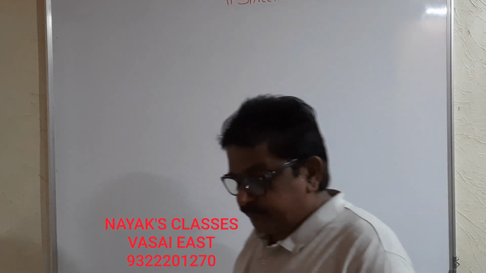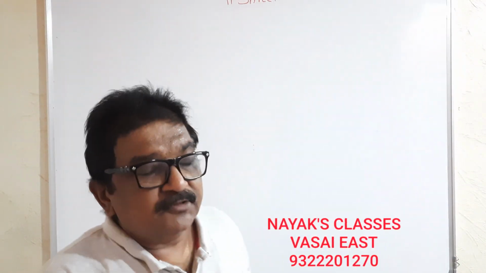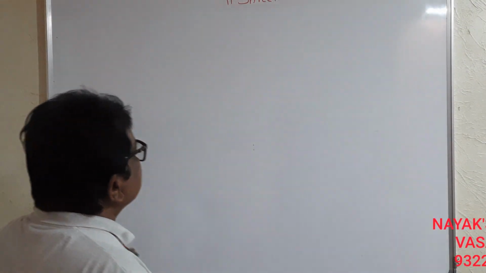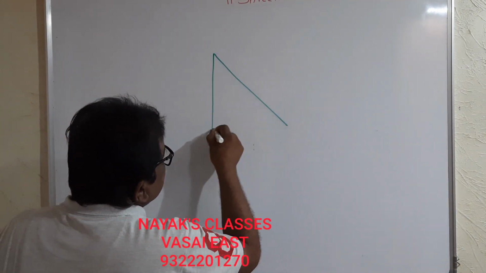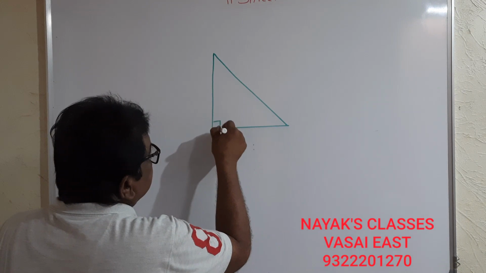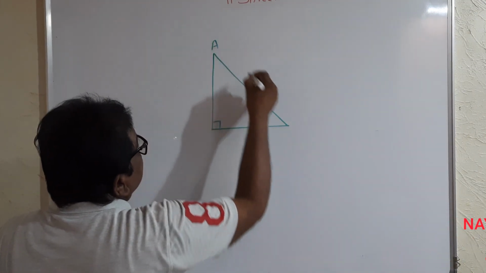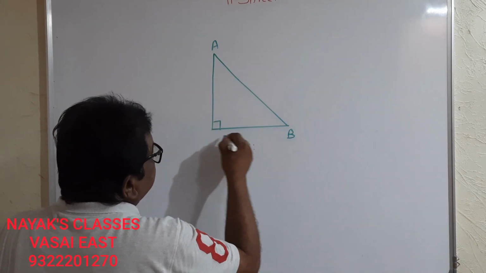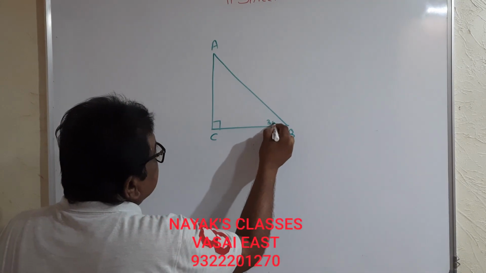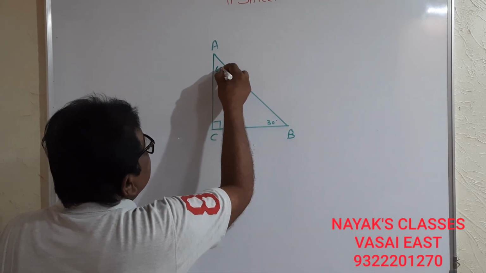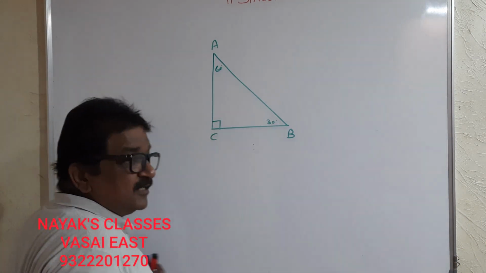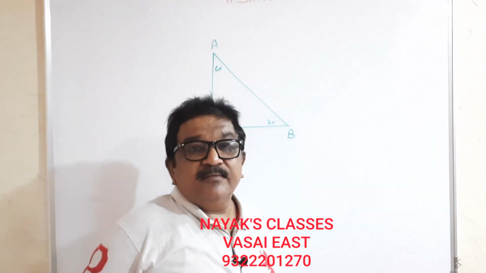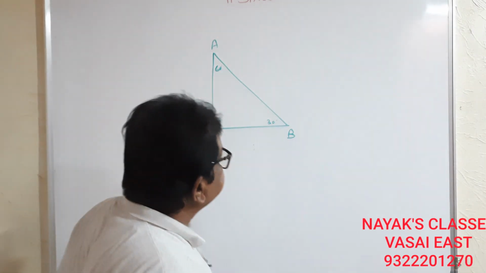Now the third is the 30, 60, 90 degree property. Suppose this is a right angle triangle having measurements 30 degrees, 60 degrees and 90 degrees. This sign shows it is a 90 degree angle.